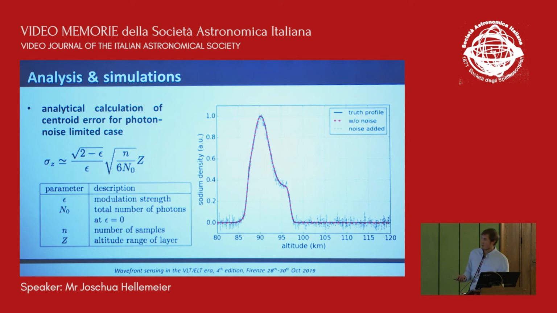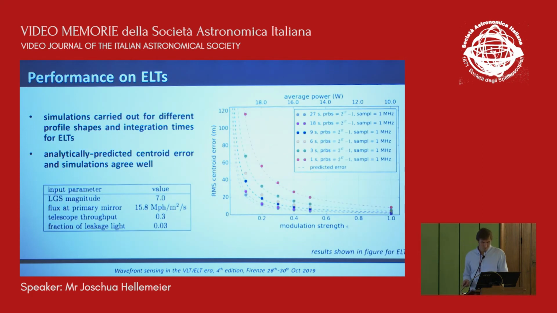Now we compare this formula to the results of the simulation. We did these simulations for different profile shapes, for the different ELTs, and for different integration times. You can see the comparison of the simulations and the predicted error from the analytical calculation here.